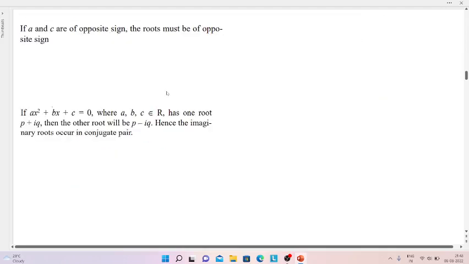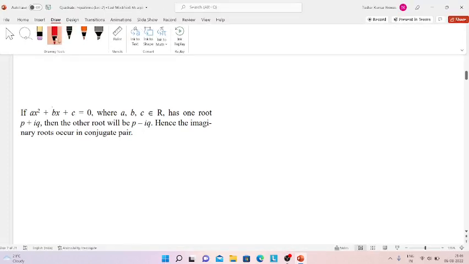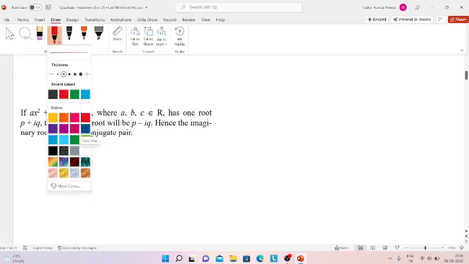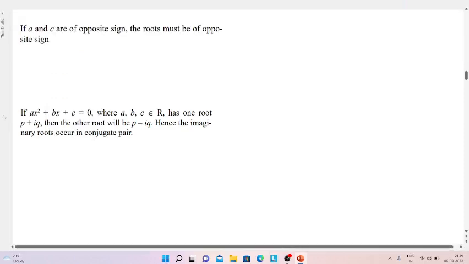Okay, let's move to some of the theories, through which you will be able to understand what it is actually trying to say. The first theory says: if a and c are of opposite sign. What are a and c?